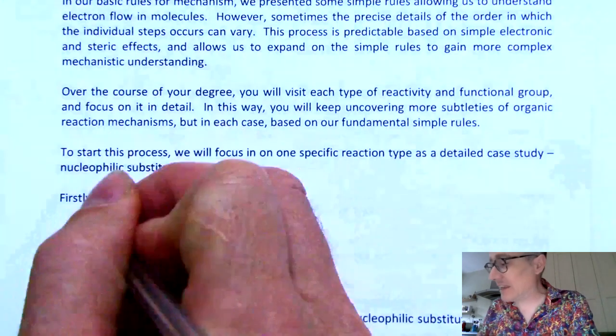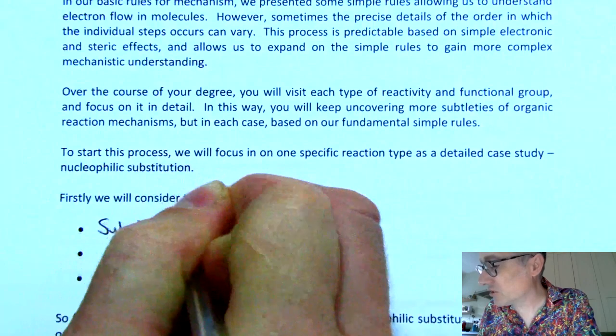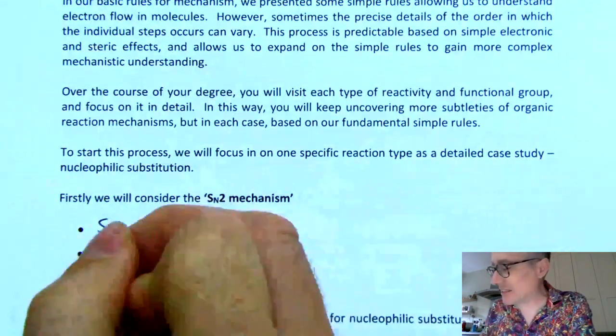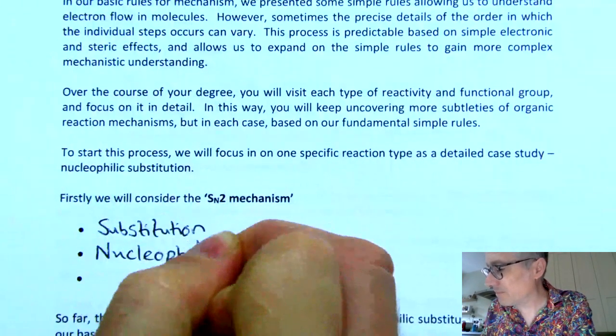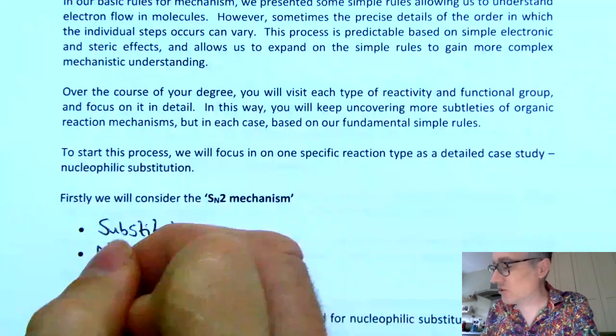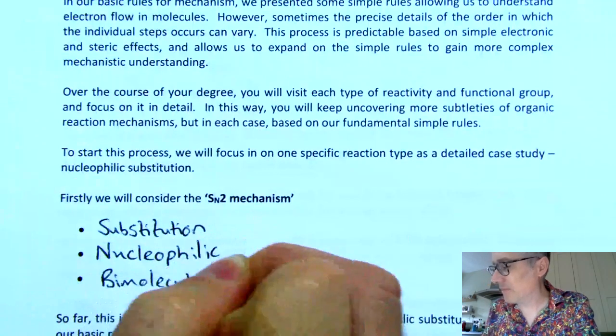The S in SN2 stands for substitution. The N in SN2 stands for nucleophilic. And the 2 in SN2 stands for bimolecular.